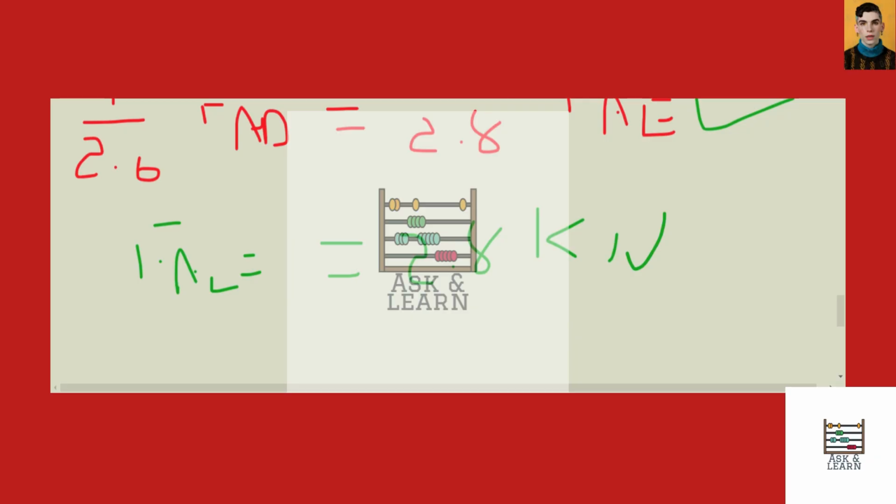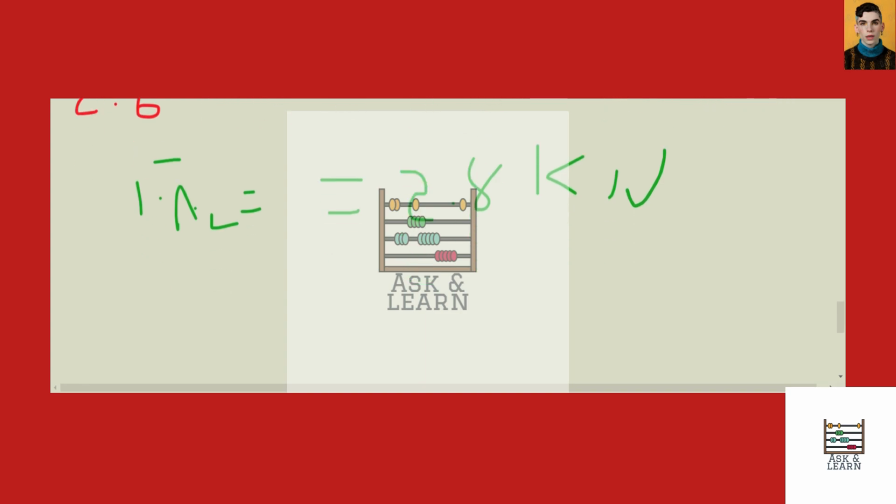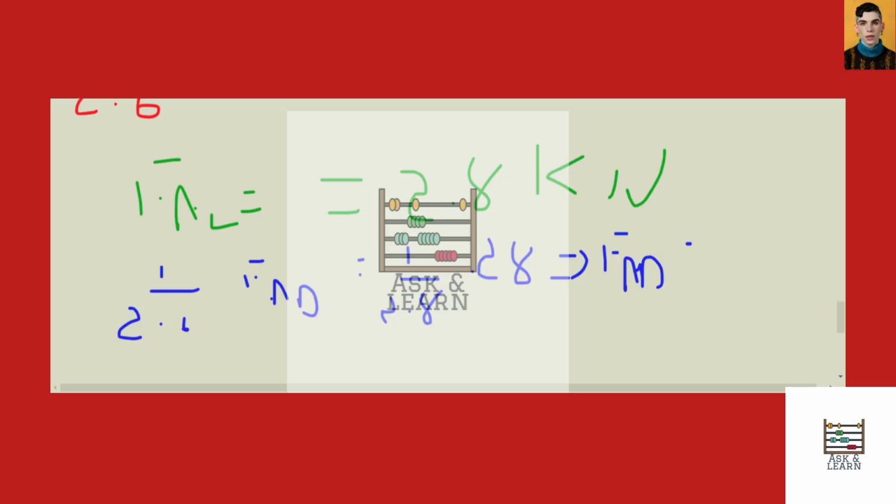And from here, I can write 1 upon 2.6 FAD is equal to 1 upon 2.8 into 2.8. So FAD will be equivalent to 2.6 kilonewton.